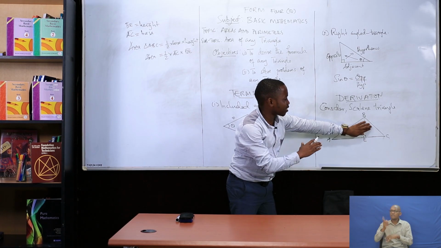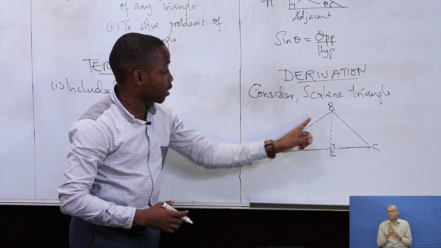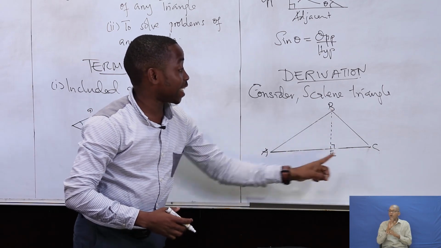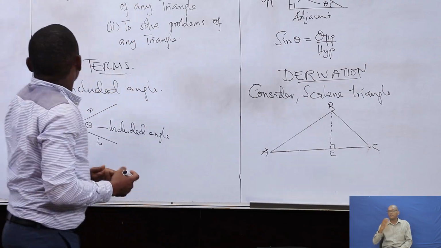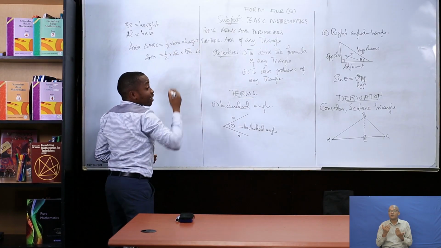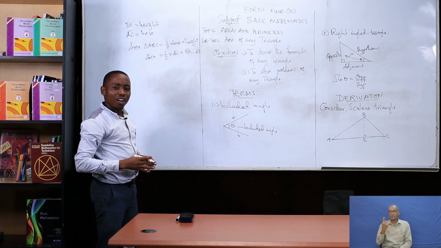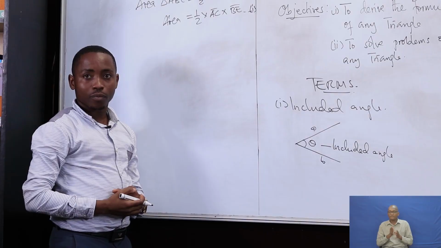How can we eliminate this so that we can get a general formula which will consist of only side AB, BC, and AC, excluding this BE? In order to know that formula, we can call this one equation 1. So we have to find another formula which can help us to eliminate BE.